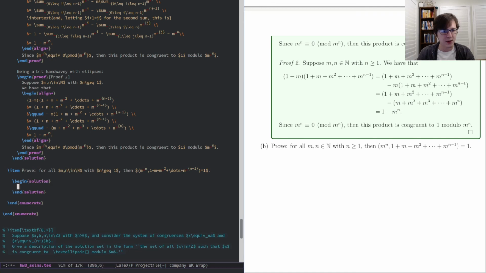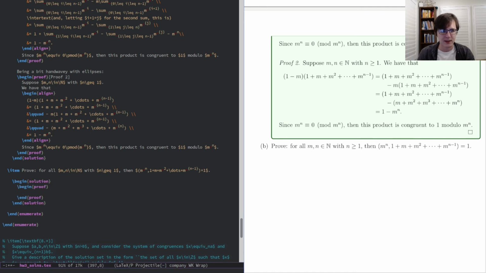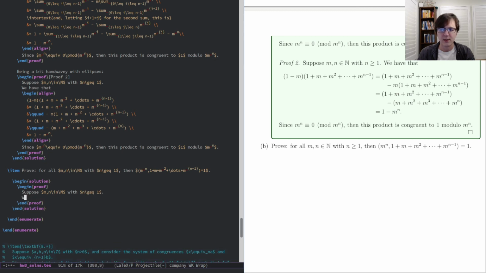So, prove. Suppose m and n are natural numbers with n greater than or equal to 1. We will show the conclusion.